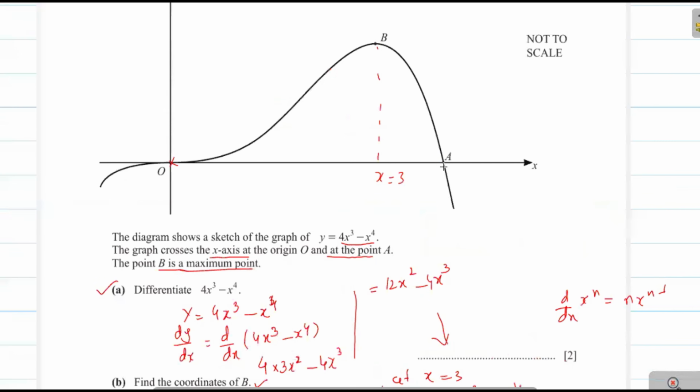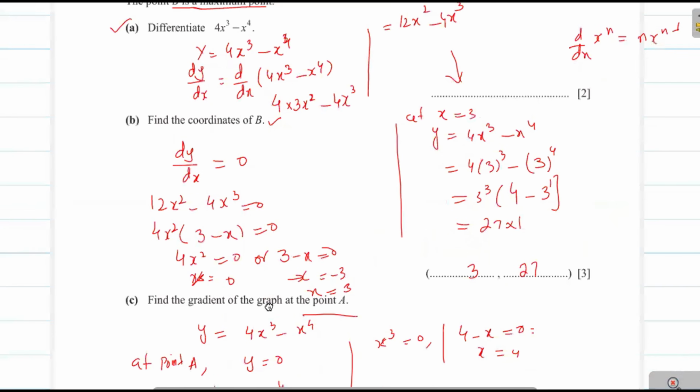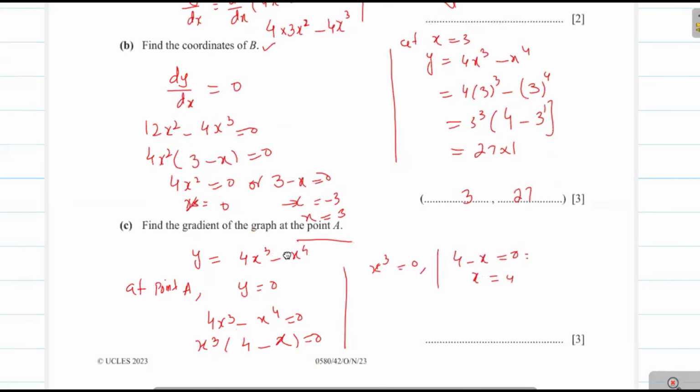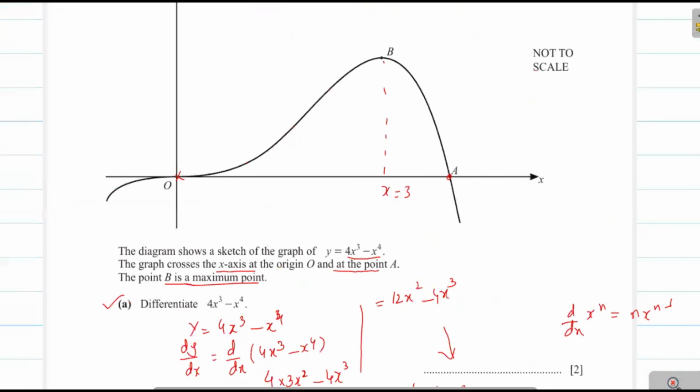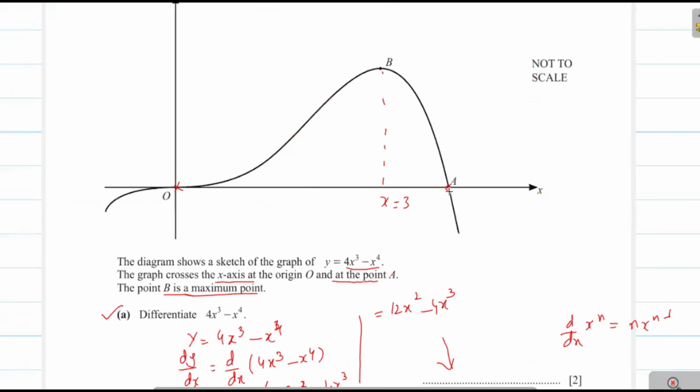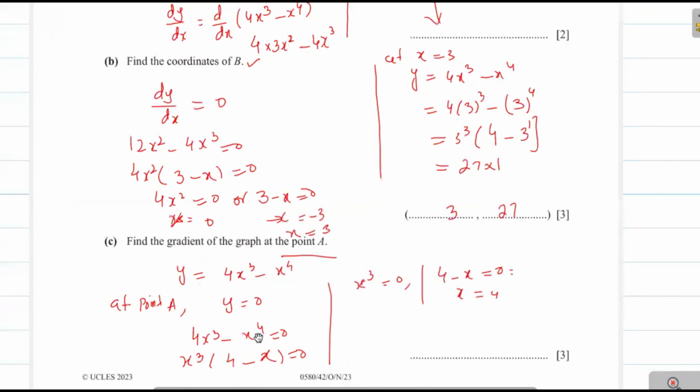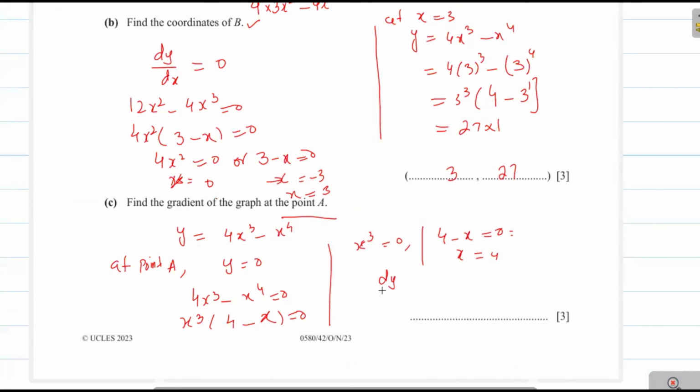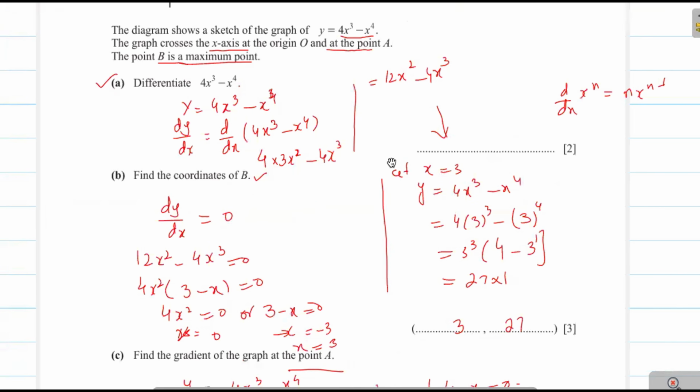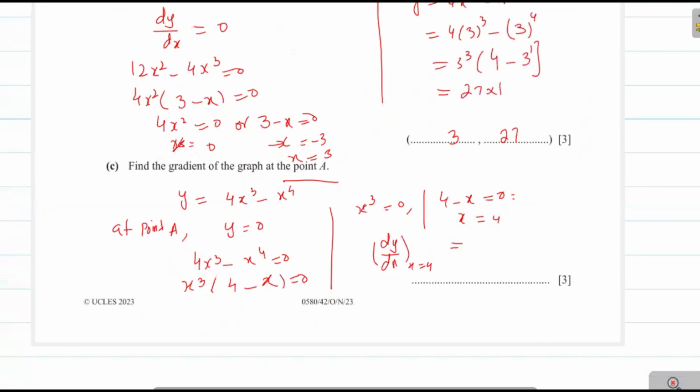And at this point, we have to find the gradient of the graph. The gradient of the graph, we take the derivative at this position at point A. Now dy over dx at x equal to 4, dy over dx equal to 12x square minus 4x cube.